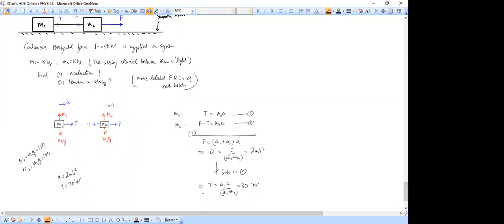They're normal reactions. See the free body diagram, Harpreet. The block M1 has 3 forces acting on it, 2 vertical and 1 horizontal. The block M2 has 4 forces.